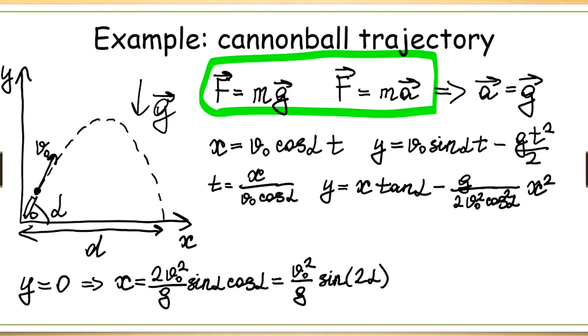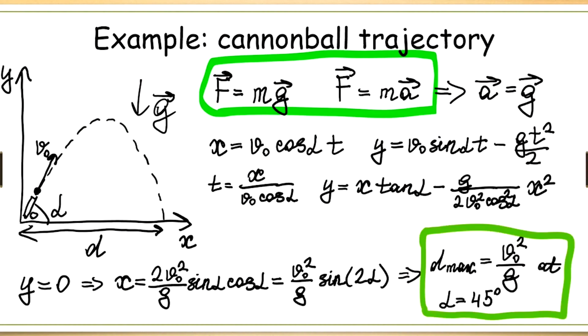From this expression, we can notice that we can, for example, find the maximal possible distance covered by the cannonball. Since sine cannot exceed 1, the maximal distance is exactly v naught squared divided by g, and it is reached when alpha is exactly 45 degrees.